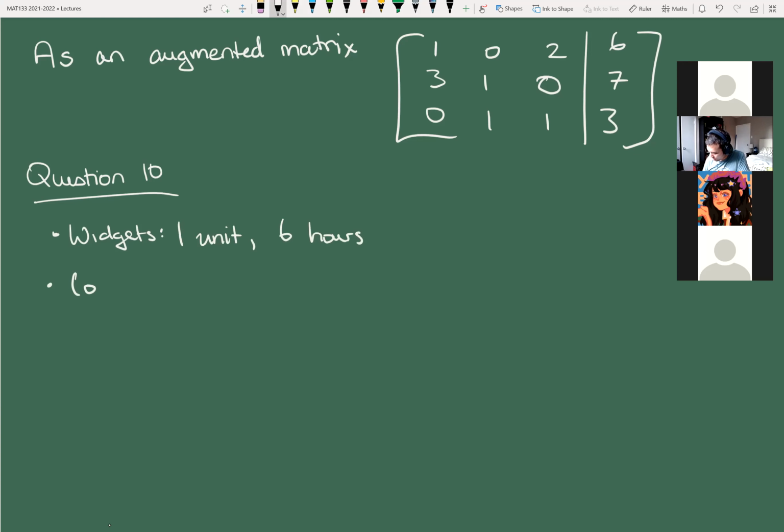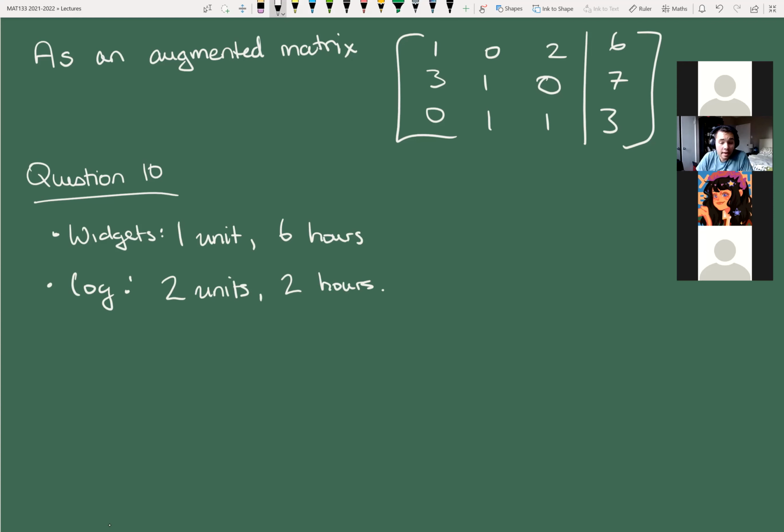Right? Okay, and a cog is what, 2 units and 2 hours? Okay, exactly. I should have just read what everyone was telling me in the chat.